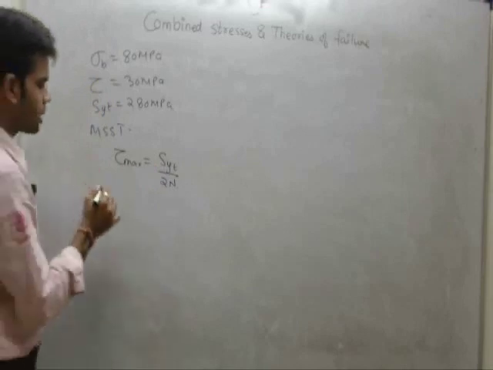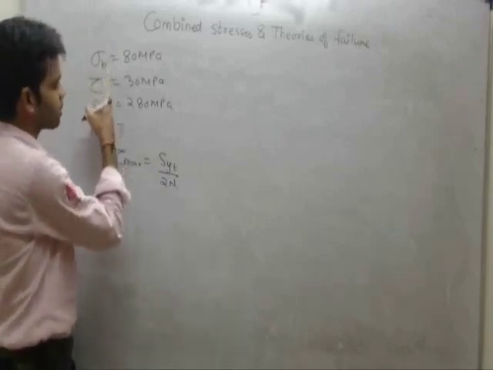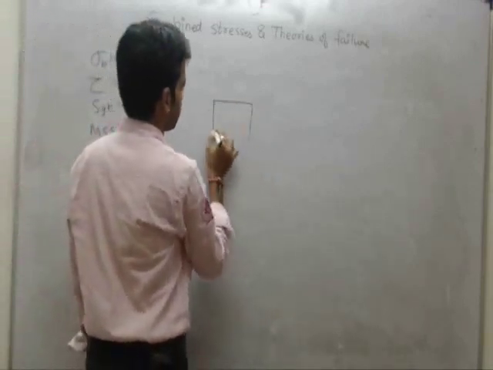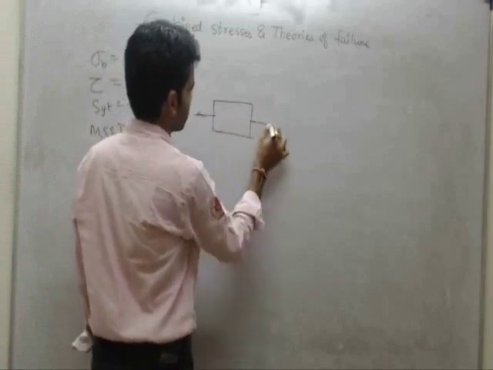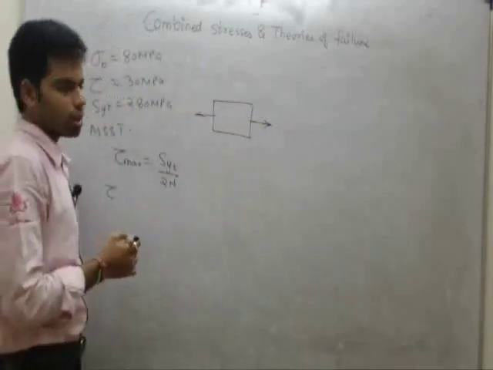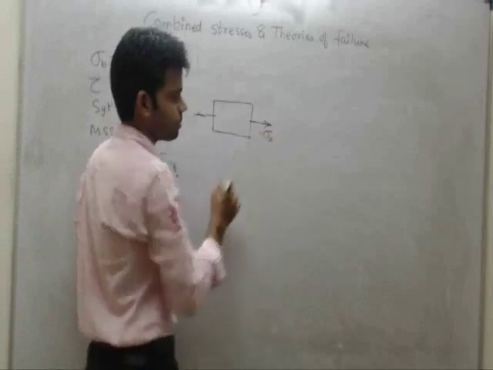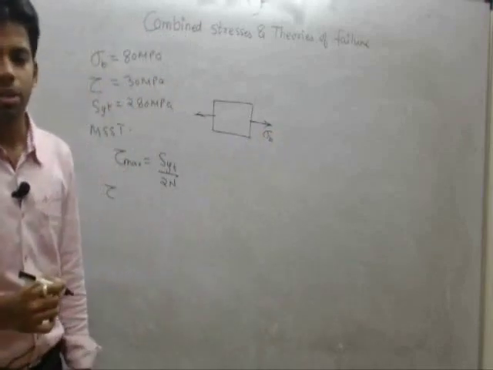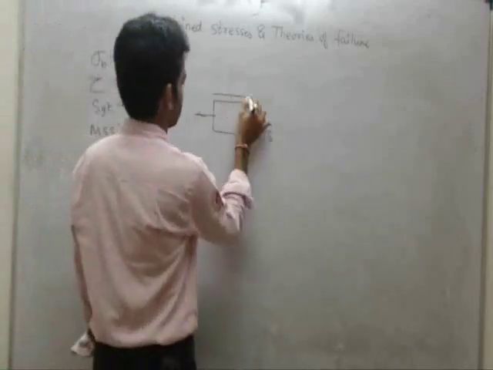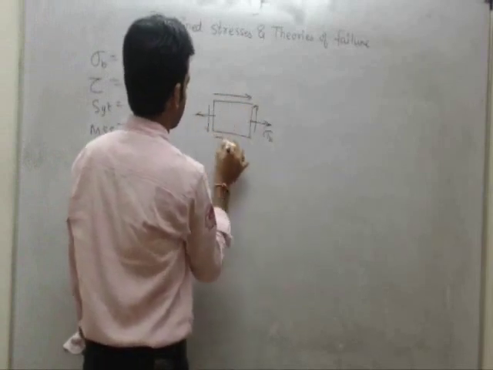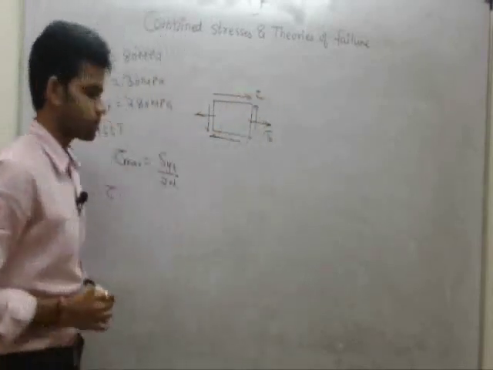Tau max we can determine, we have the value of sigma B. If we draw the elemental diagram, the stress element, sigma x is nothing but sigma B, sigma y will be 0, and along with this a shear stress of tau is acting.